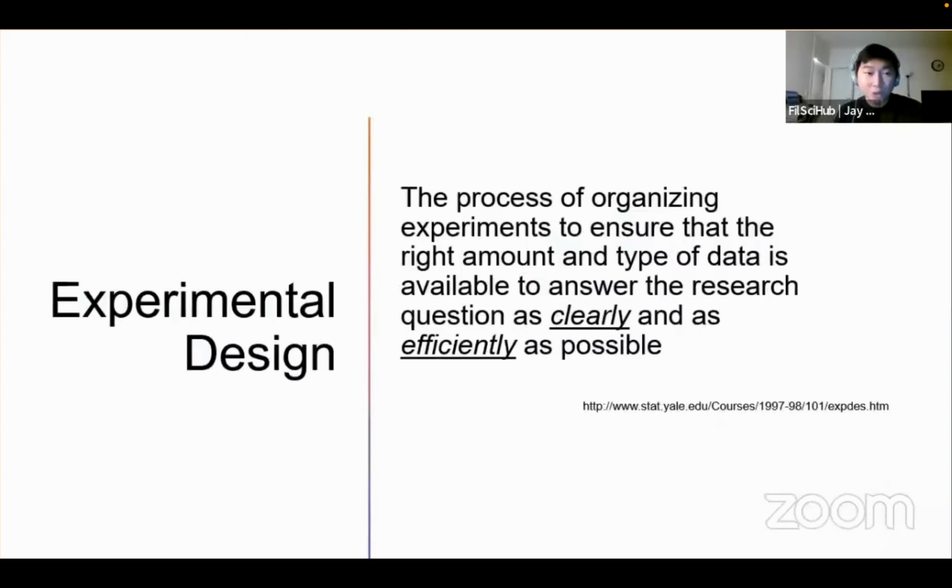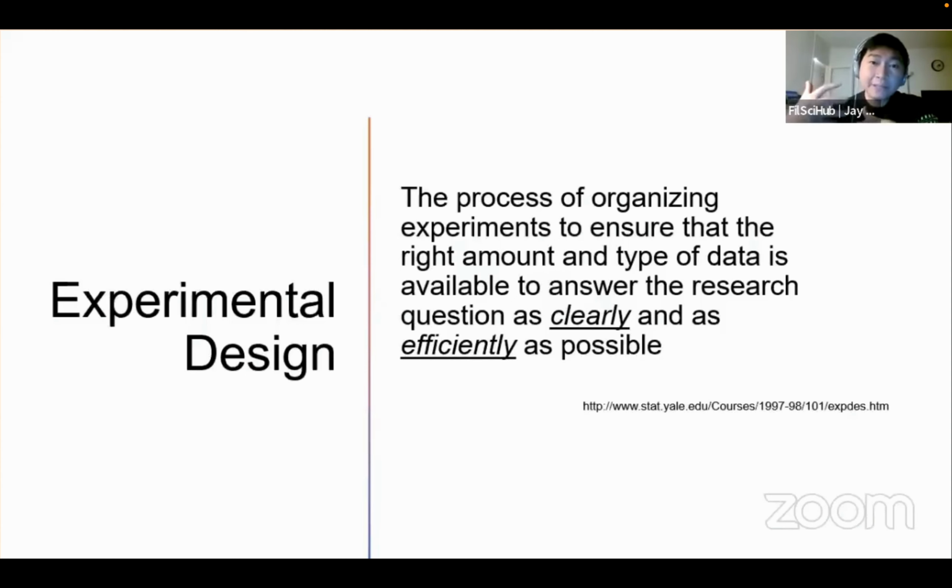But what we're going to talk about today is experimental research. And the experimental design is the process of organizing the experiments to ensure that the right amount and type of data is available to answer the research question as clearly and as efficiently as possible. We have already developed a research question and laid out our research objectives.